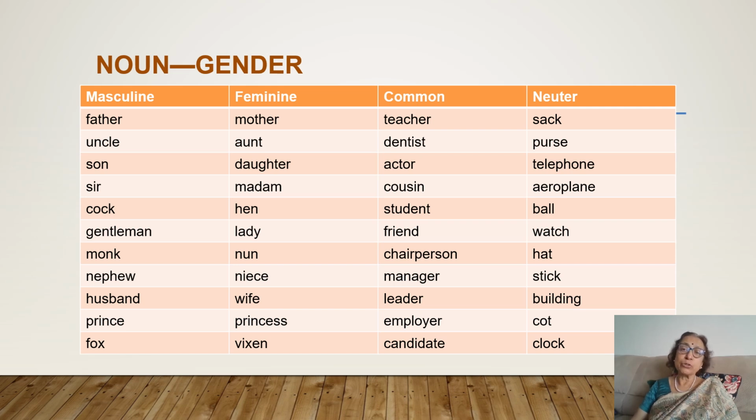I have already told you, I think, in an earlier video that we don't have a gender for it. Cousin itself implies both. And to qualify it by saying cousin brother or cousin sister is not grammatically very correct. But in India, we have a variety of relationships. Our relationships are very elaborate, and for everything there is a term.